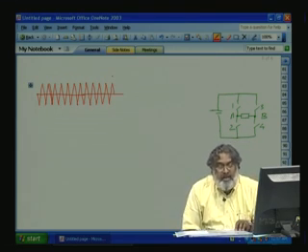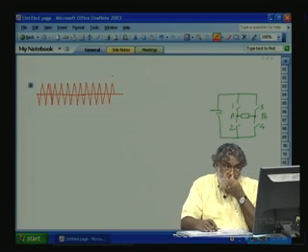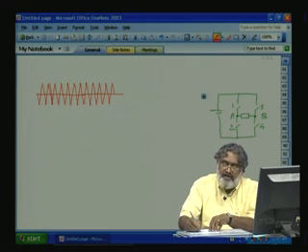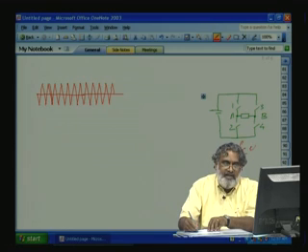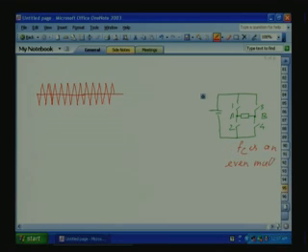Okay. Now, here we do one thing. The frequency of the triangle waveform, FC, is an even multiple of our FM, the sine wave frequency.